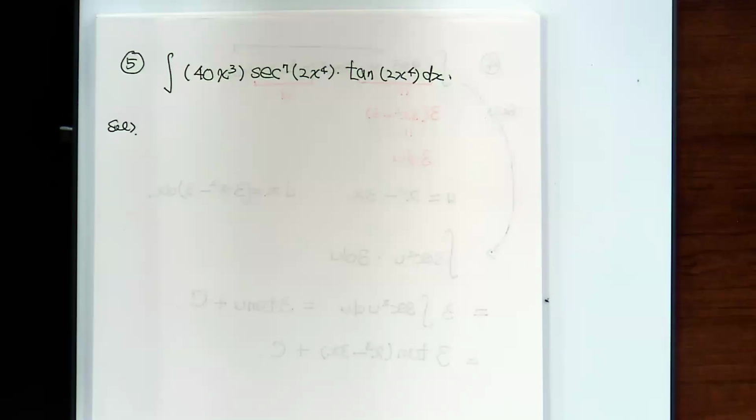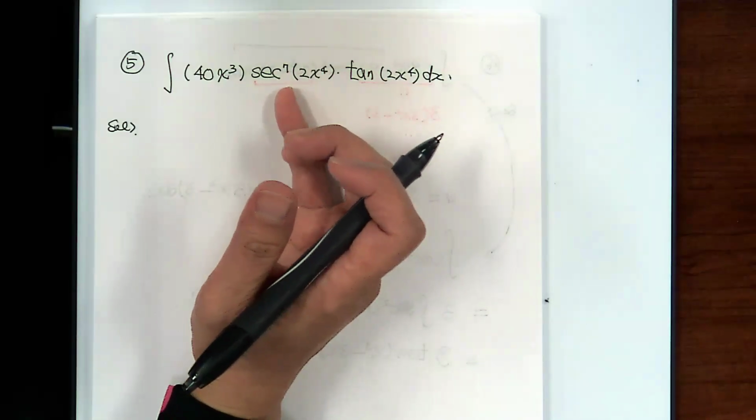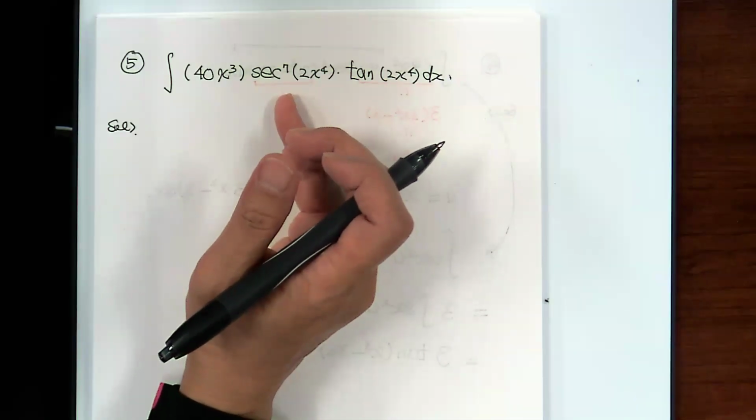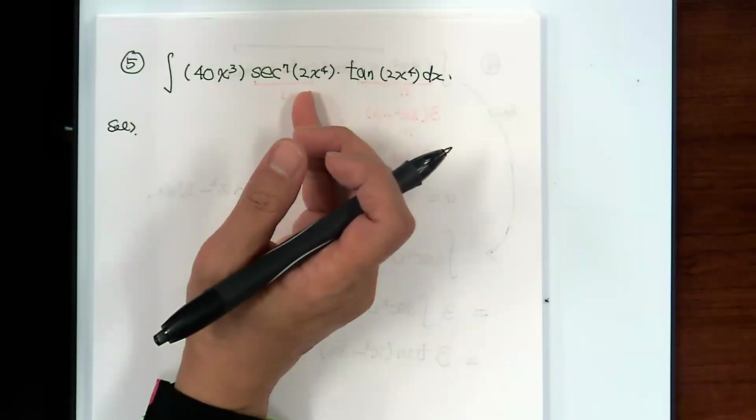It's quite complex. If we think about the derivative of tangent, it will result in secant squared. And if you break secant 7th power into secant squared and secant to the 5th power, then we will have a problem because we cannot deal with secant to the 5th power.